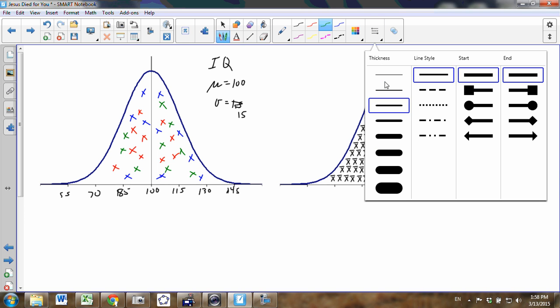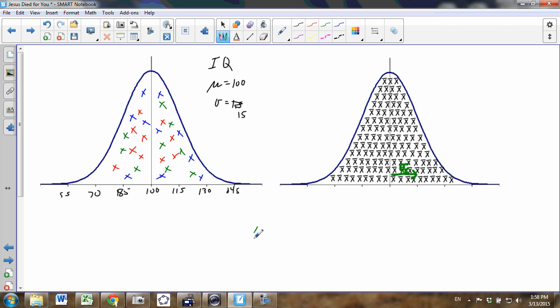We want to figure out what that standard error is. The standard error is not the same as the standard deviation right here.